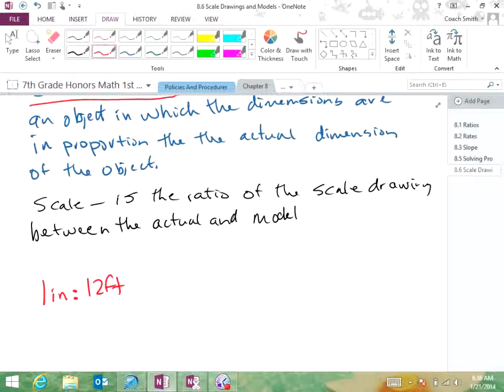It's impossible. So obviously, they have to shrink things down. And there's a certain scale. The plans for this building actually would fit on this table. I've actually seen them. You roll it out, and it'd be maybe a little longer than this table. Not much.